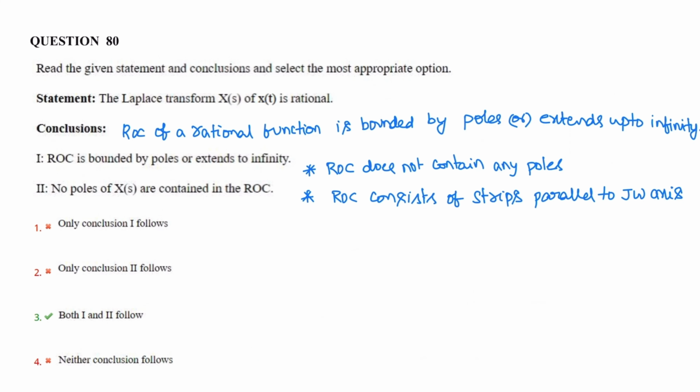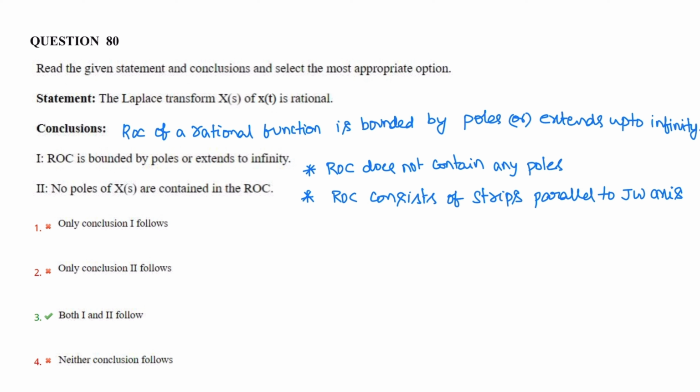Next question. The Laplace transform of x of t is rational. That is the statement. Conclusions are: ROC is bounded by poles or extends up to infinity. The ROC of a rational function is bounded by poles or extends up to infinity, so conclusion 1 follows the statement.